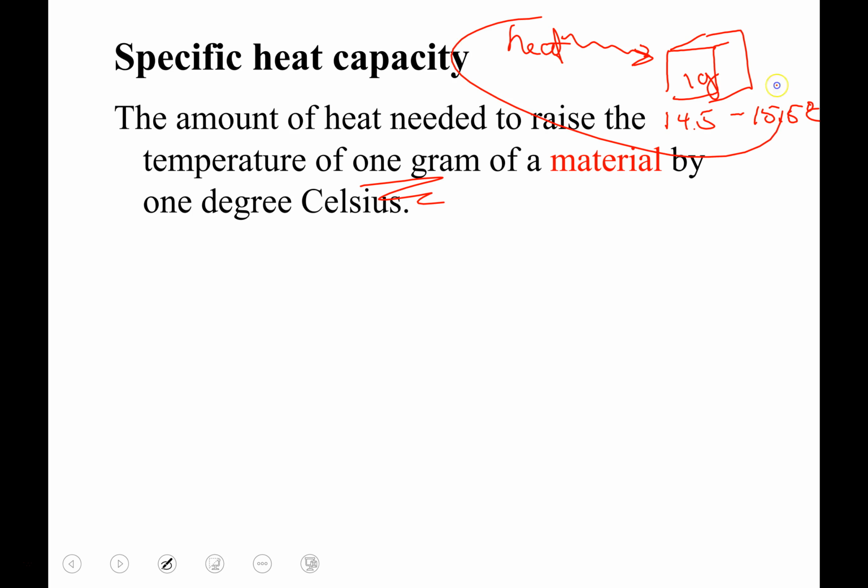So you figure that if you don't change the substance, 1 gram of glass is always going to require a certain amount of heat to raise it from 14 to 15 degrees Celsius. Liquid water, 1 gram will always require the same amount of energy.